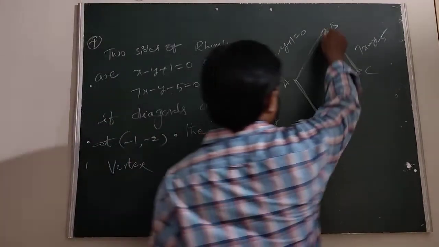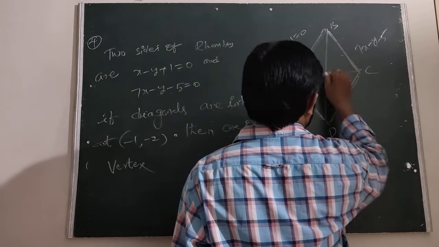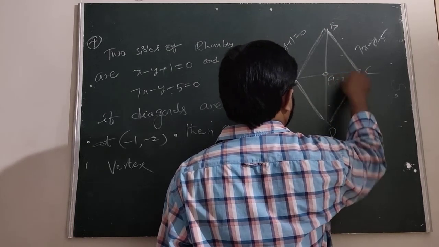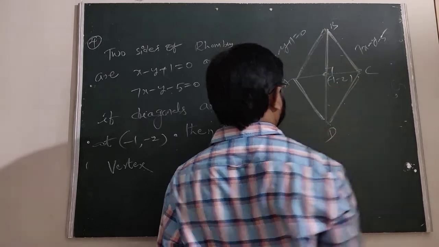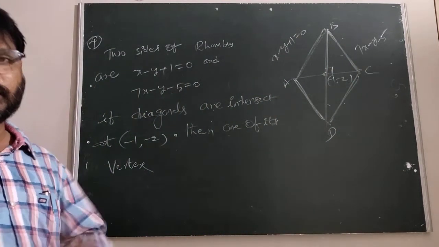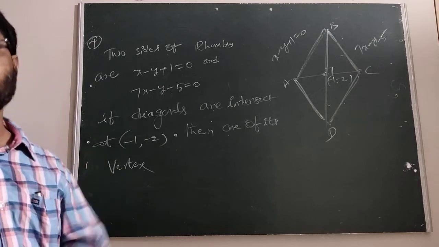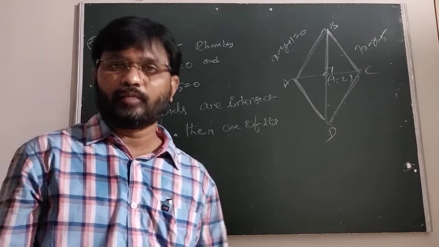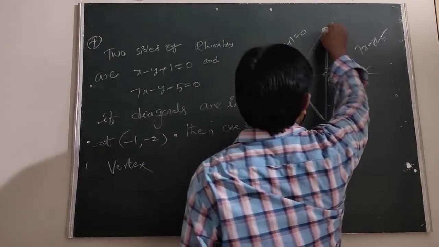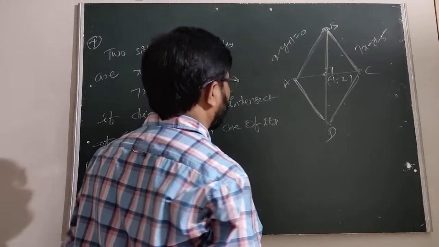Therefore, the diagonals intersect at the point given as (-1, -2). The diagonals are also perpendicular to each other. Therefore, first we have to find the vertex B. How to find the vertex B?